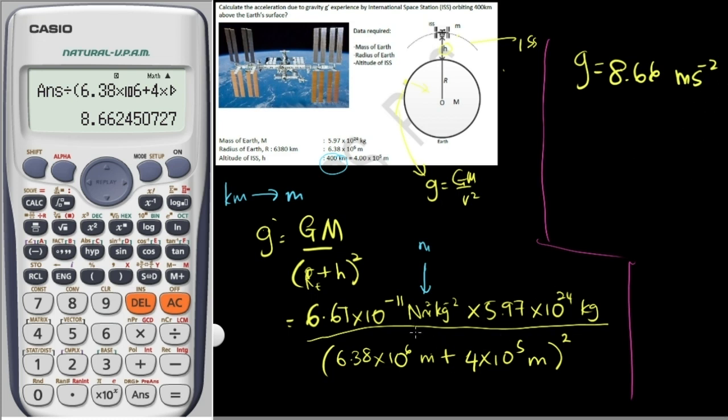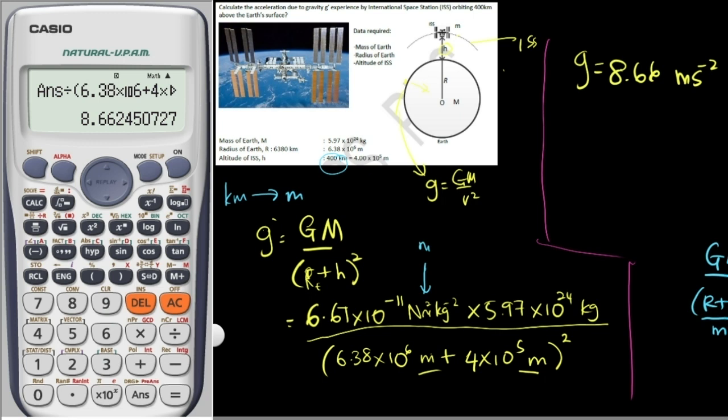Of course, we can double check our unit here. How to check your unit: we have GM over (R plus h) squared. The unit for G is newton meter squared kg minus 2, the unit for mass is kilogram, and the unit for R plus h is meter, so squared it becomes meter squared. The meter squared cancels out.